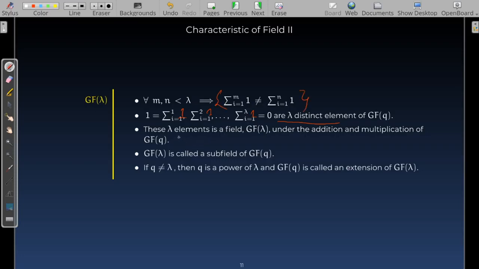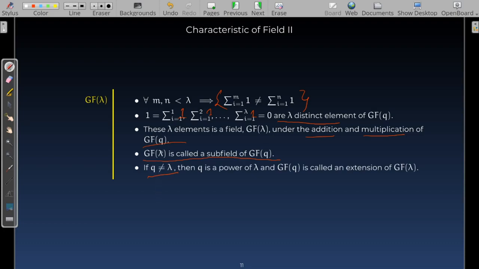These distinct elements actually form a field under the addition and multiplication of GF(q). So this GF(lambda) is called the subfield of GF(q), and we know that every field is a subfield of itself.